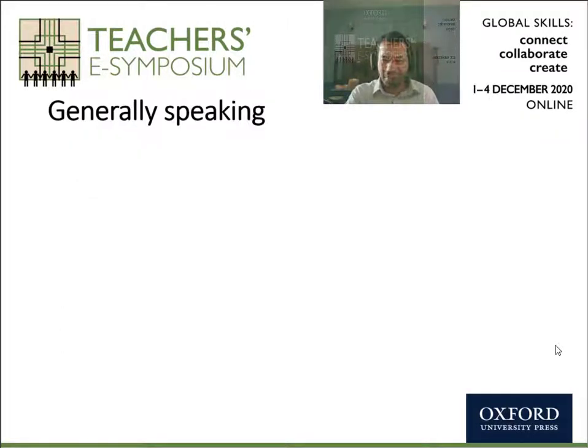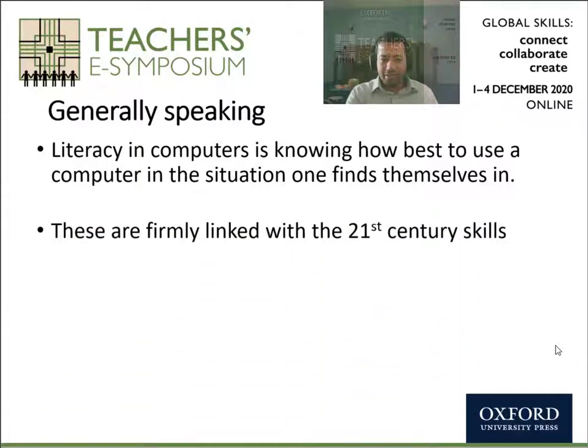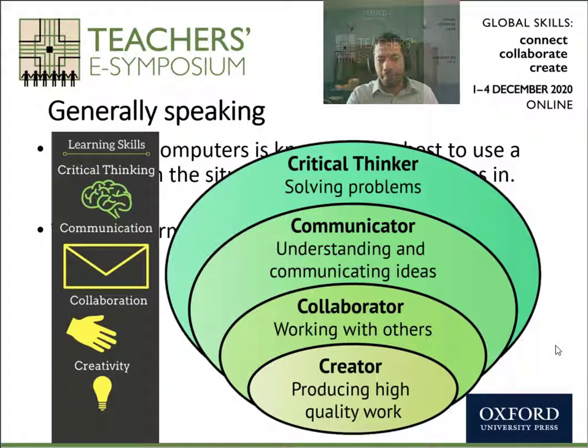Generally speaking, literacy in computers is knowing how to best use a computer in the situation one finds themselves. The literacies are actually firmly linked with 21st century skills. Those skills are critical thinking, communication, collaboration, and creativity. Critical thinking is just solving problems, communicating is understanding and communicating ideas. Collaborating is working with others.